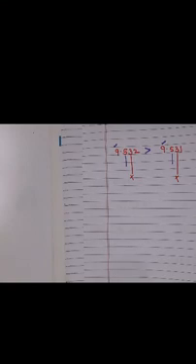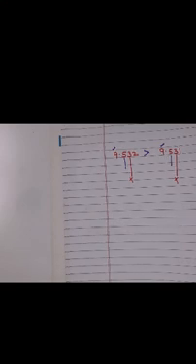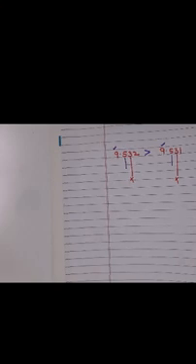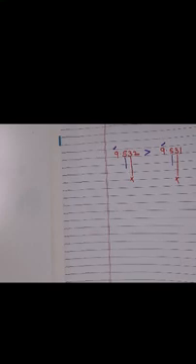Correct? Because in the thousands place, there was 2. So 2 is greater than 1. So can I say, children, 9.532 is greater than 9.531. Right?